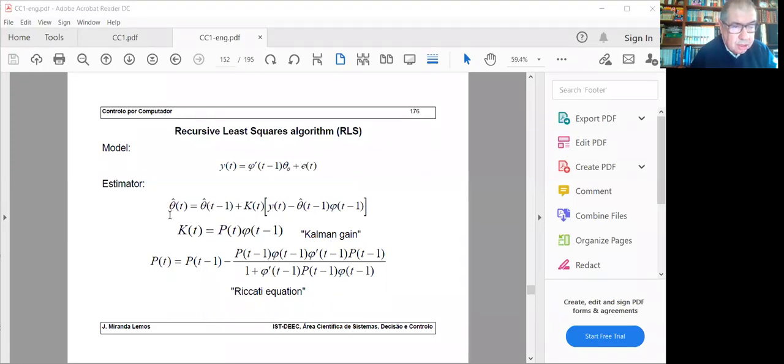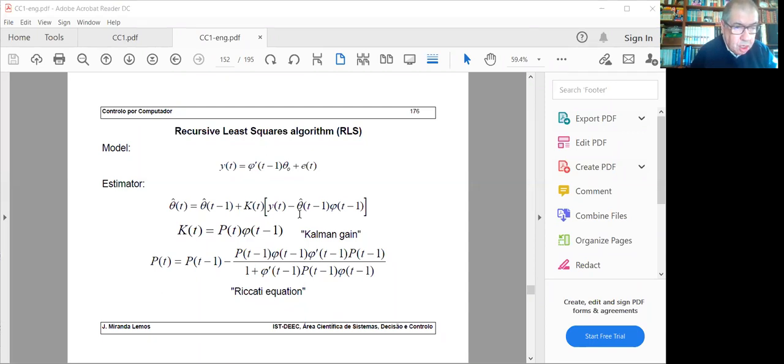This formula tells you that the next estimate of the parameters is the previous estimate plus the Kalman gain times the prediction error. This is the prediction error of y given the previous estimate, because this is y of t, and this is what you would expect y of t to be given the estimate at time t minus 1.